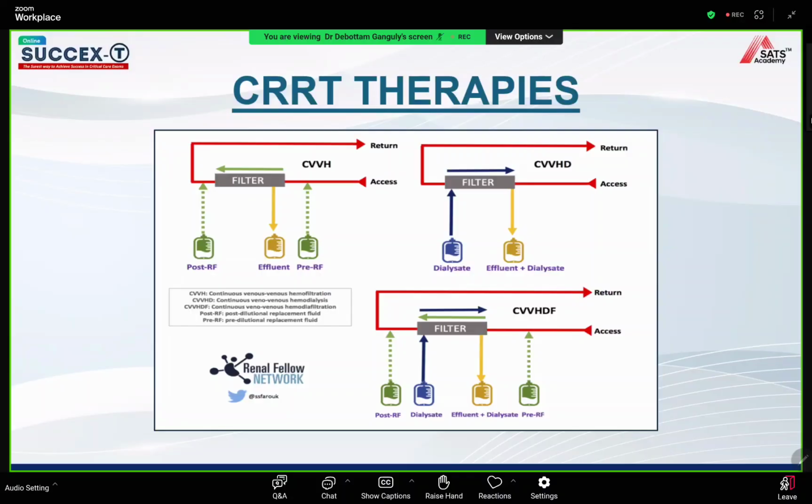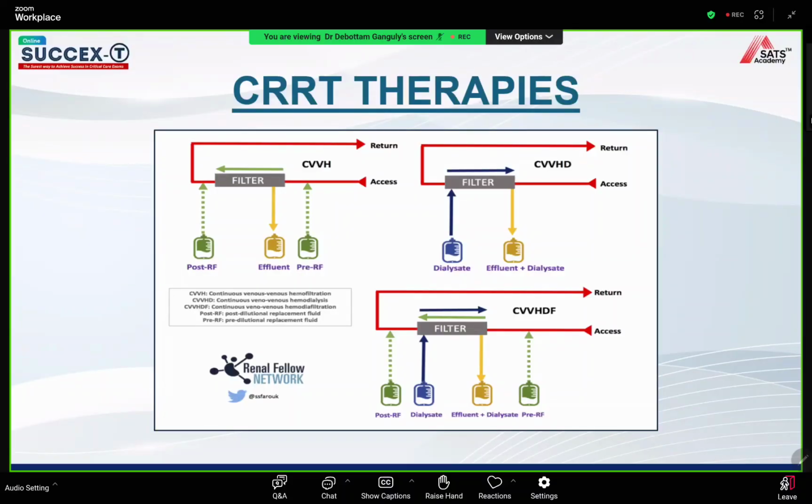If the patient has a higher concentration of a toxic product, we have to remove it. By the concentration gradient, until equilibrium is reached, the higher concentration present in the patient's body passes through the semi-permeable filter into the dialysate. So a flow of dialysate is required. That is the concept of hemodialysis.